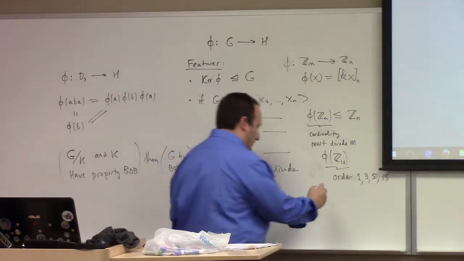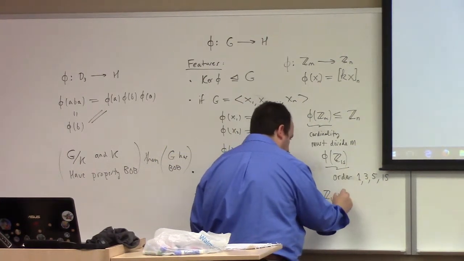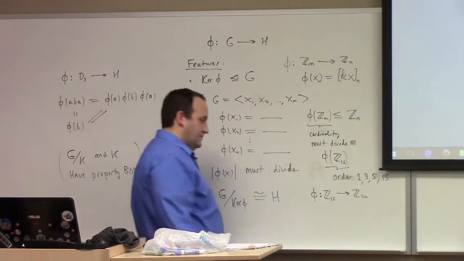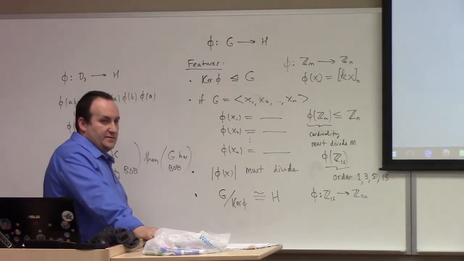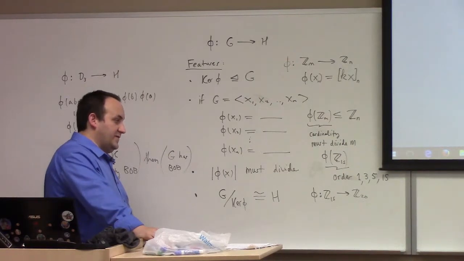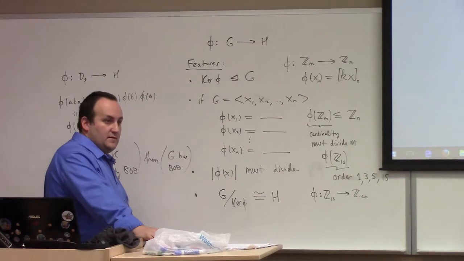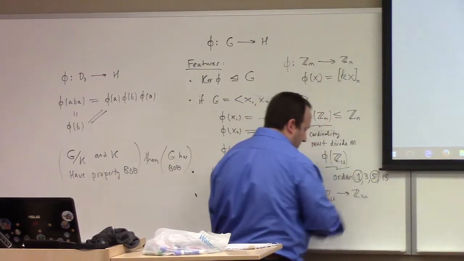So if I'm looking at maps from Z15 to, say, Z20, you can't achieve images of size 3 or 15 because those are not divisors of 20. So the only possible ones you could build would be order 1 or order 5.